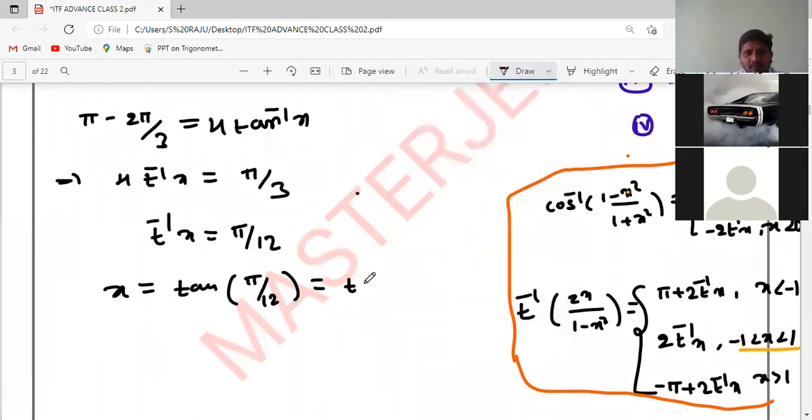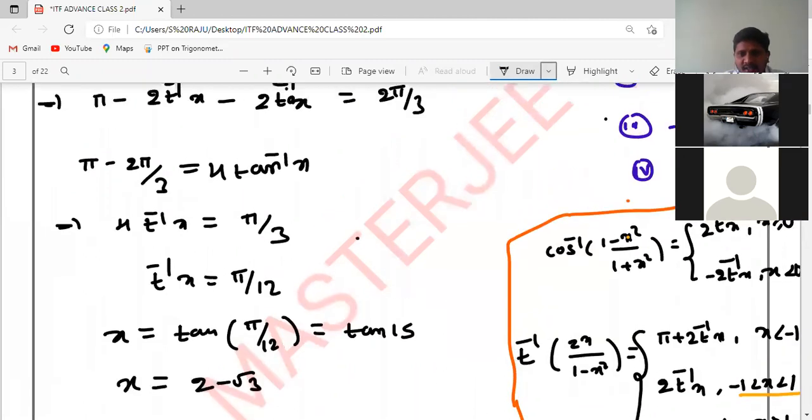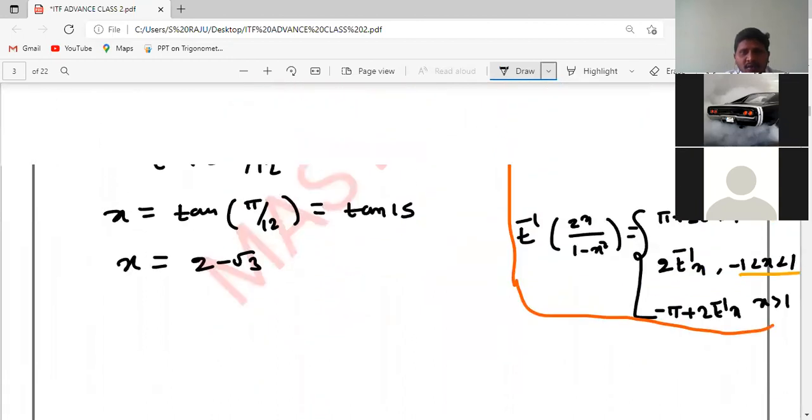In NCERT you already solved it in class 11. What is tan 15 value? 2 minus root 3. Okay, we got the x value in the first case.